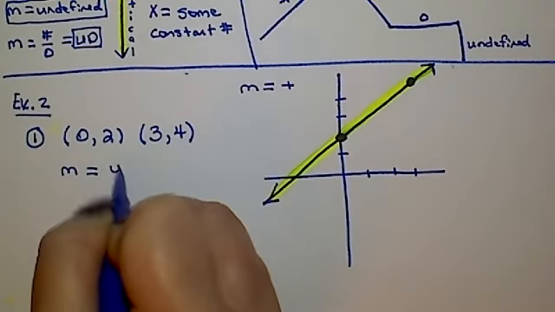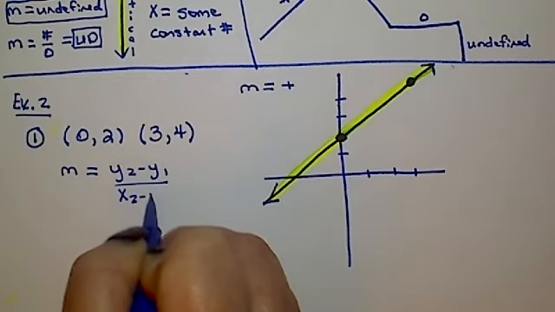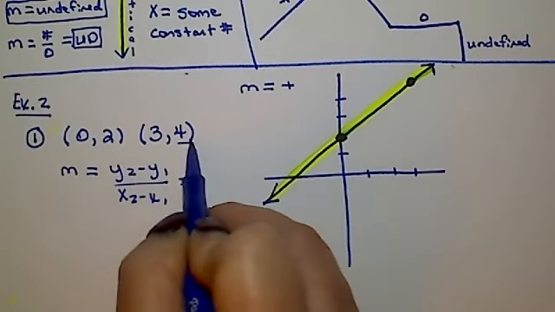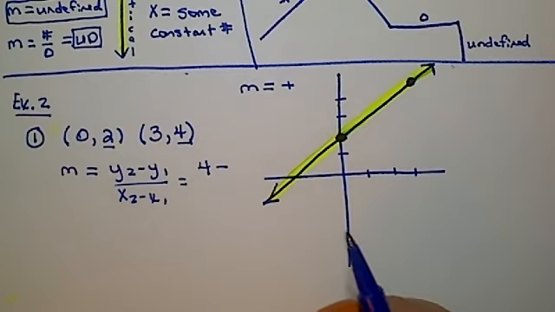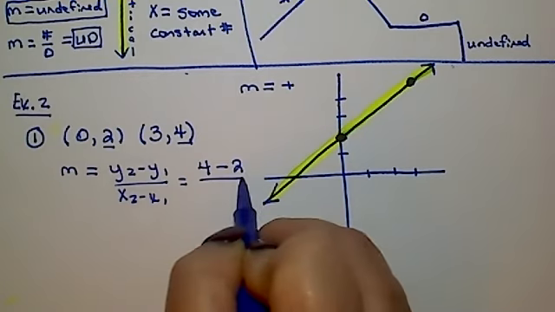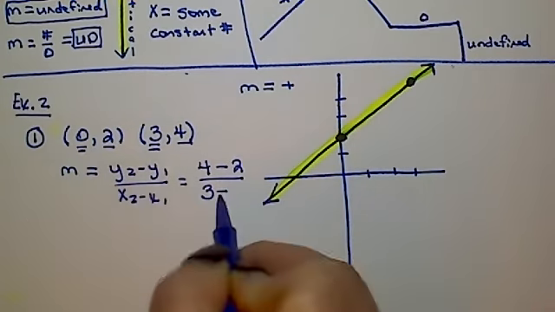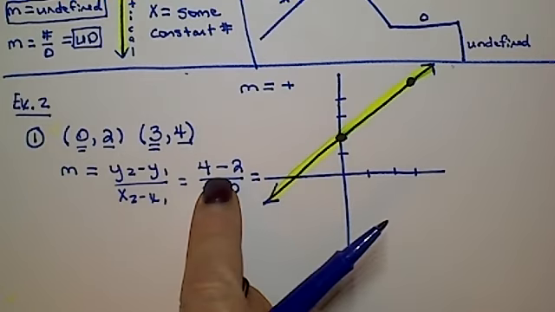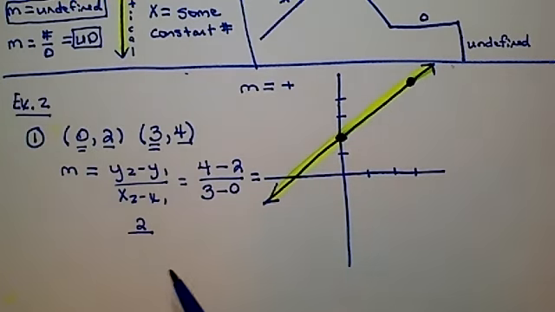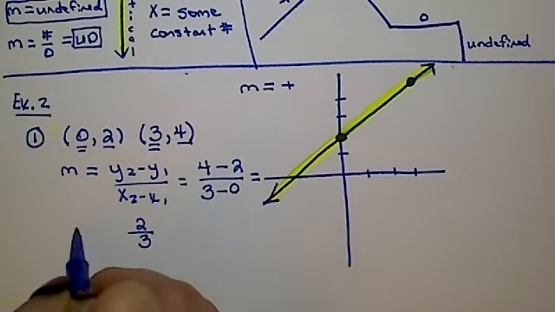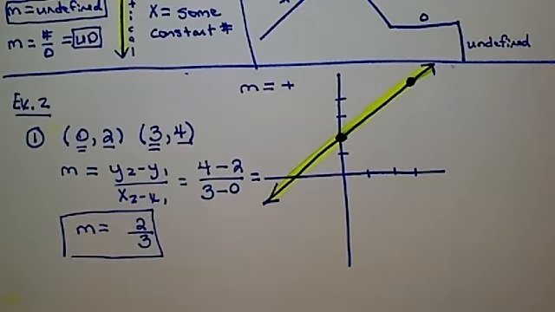So let's use the formula. You always do the y's first, and then you do the x's. So y2 is 4 minus y1 is 2. Then we have 3 minus 0. 4 minus 2 is 2. 3 minus 0 is 3. So this tells me my slope is 2/3.